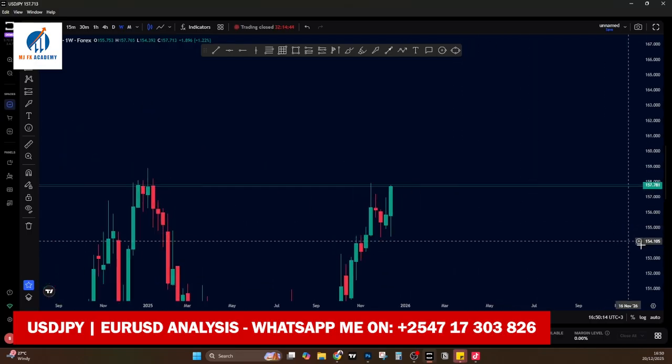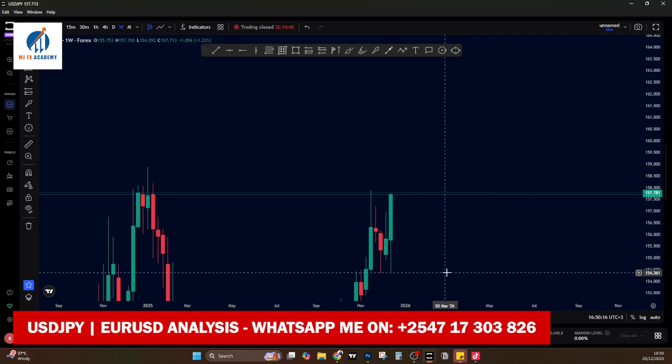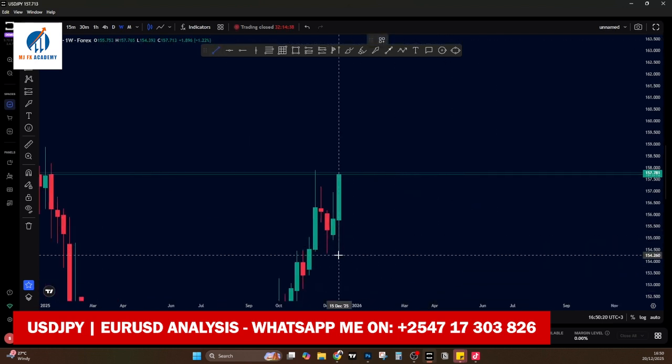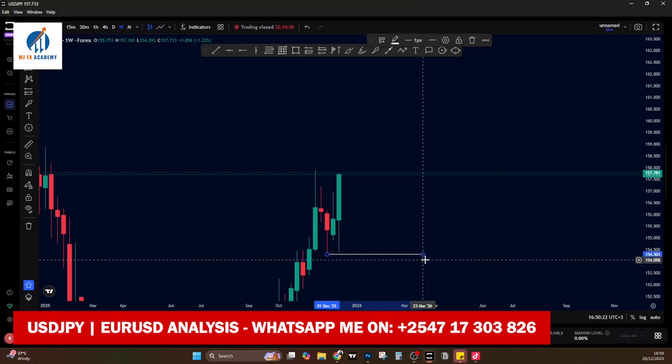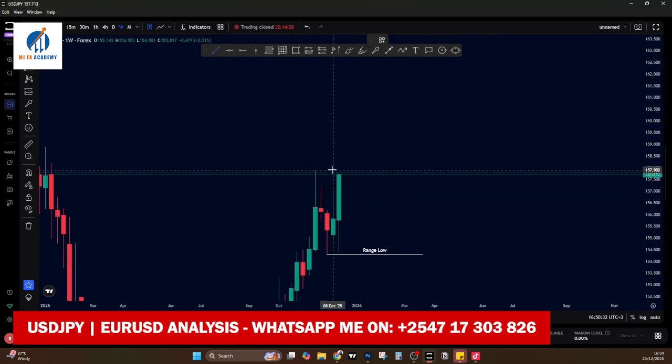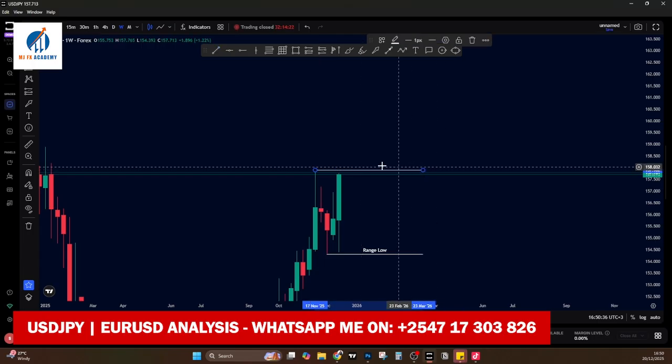We want to look at the most recent area of contention, being this one. So this is the range low, and this is the range high.